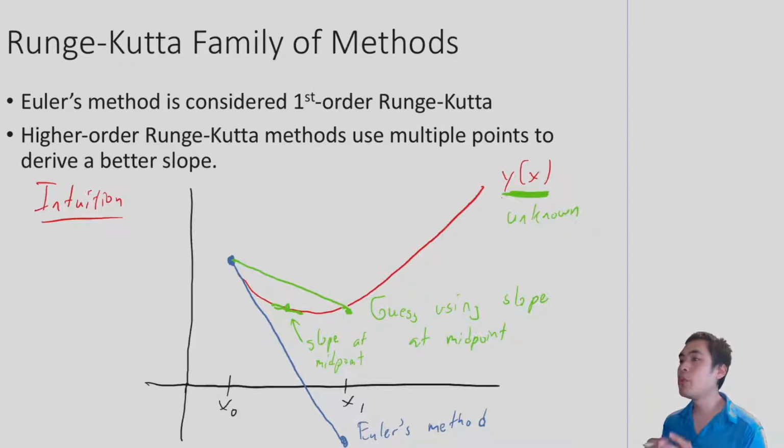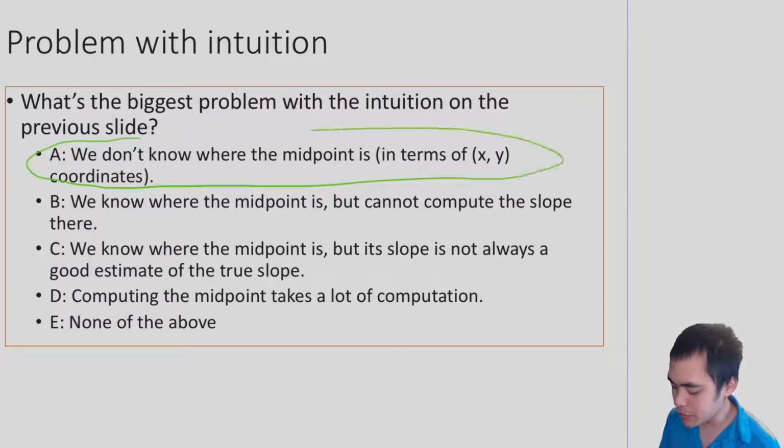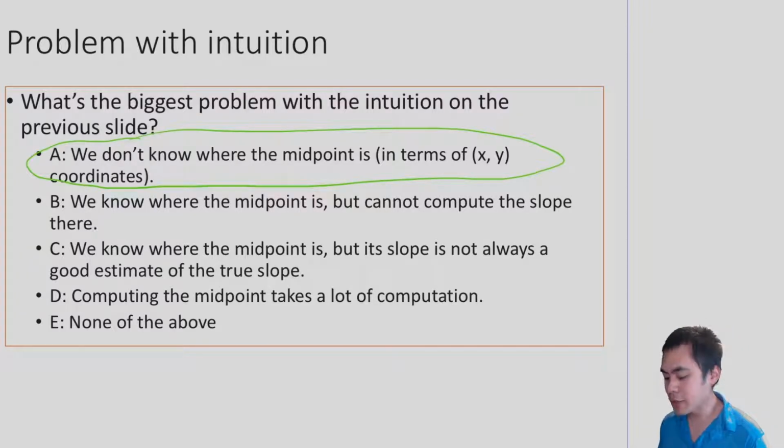So the problem is we don't know the original function, and therefore we don't know where the midpoint is. We know where the midpoint is in terms of x coordinate, but we don't know where the midpoint is in terms of y coordinate. So the biggest problem is actually that we don't know where the midpoint is in terms of x, y. So it's not even that we can't compute the slope there, it's just that we don't know where it is. And this is a secondary problem.